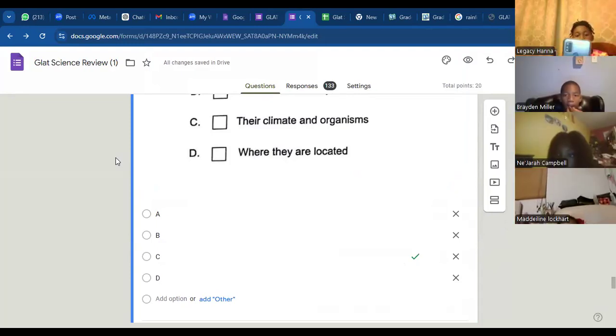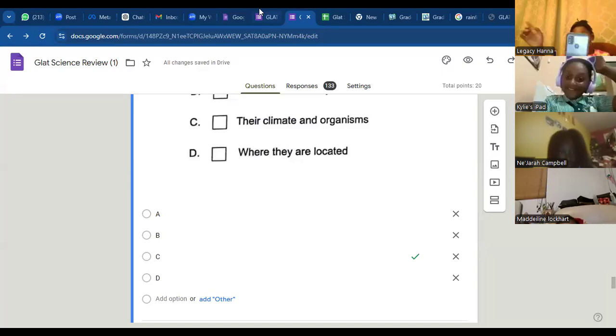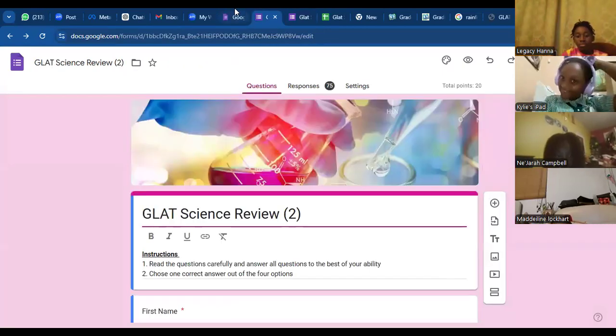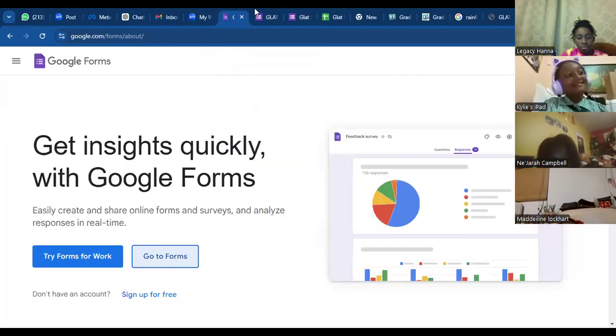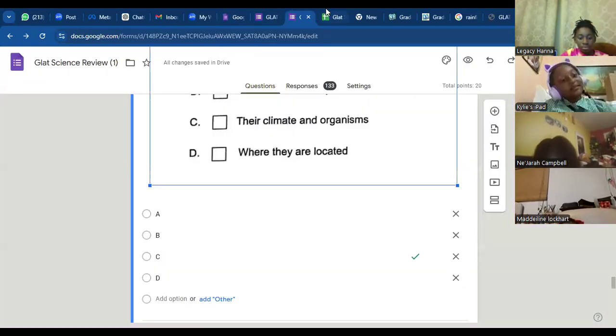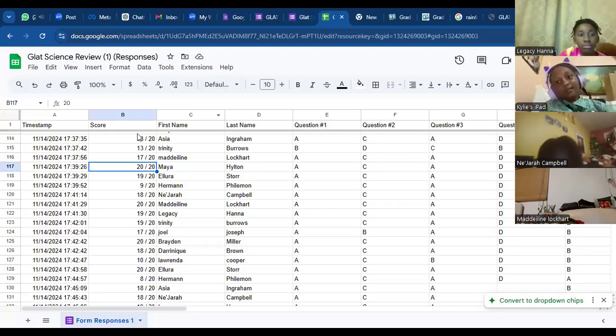Where's Lorette? Excuse me, Mr. Petit. Go ahead. I got a 14. I thought I knew better because I have my book. Yeah, I'm trying to figure it out now. Look at the correct options that it's supposed to be. Lorenda? Okay.